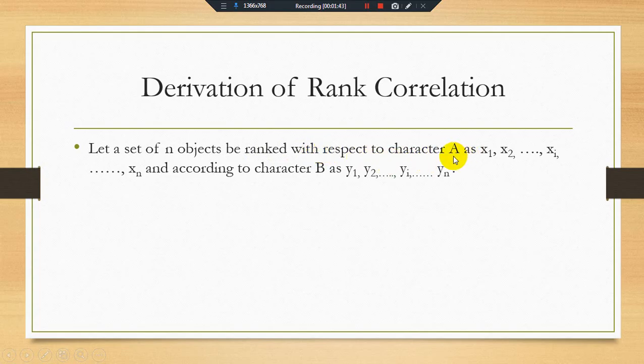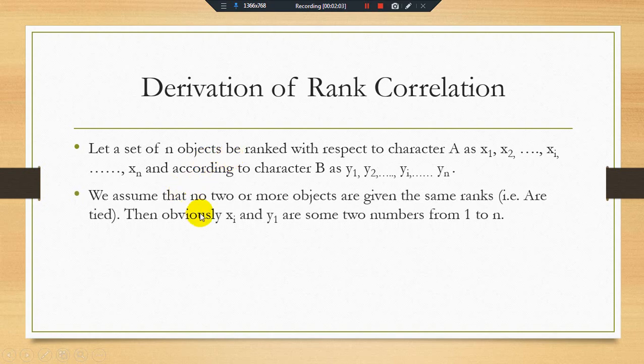We have a character A, and the observations of A are x1, x2, and so on, xi, and so on, xn, and another character B, and we have the B observations y1, y2, yi, and so on, yn. Here we have to assume that no two or more objects are given the same rank. Then obviously xi and yi are the same two numbers from 1 to n.